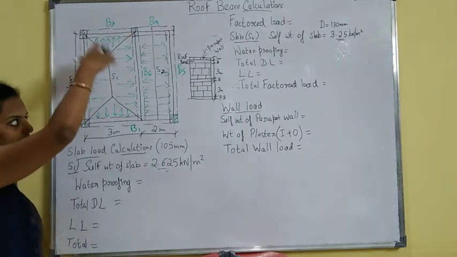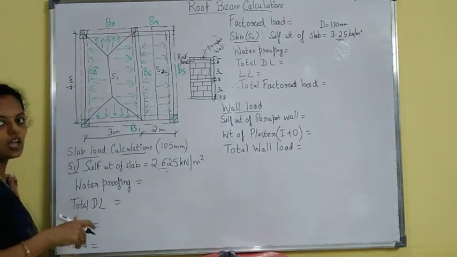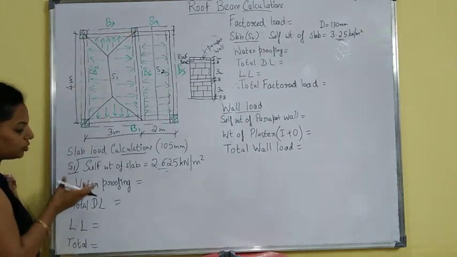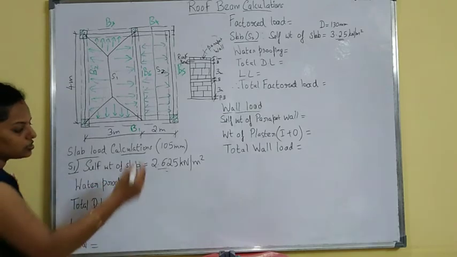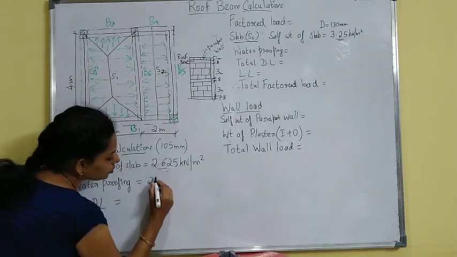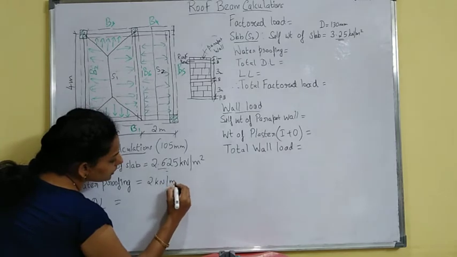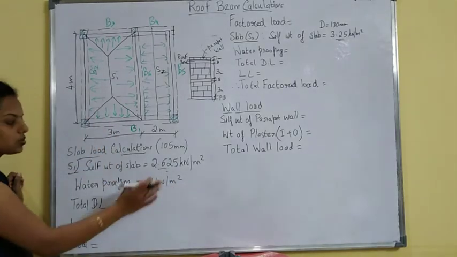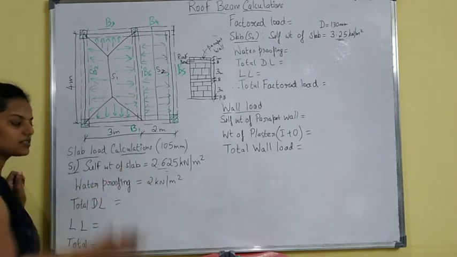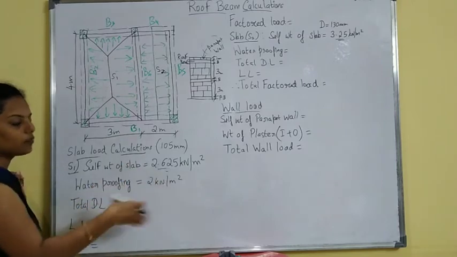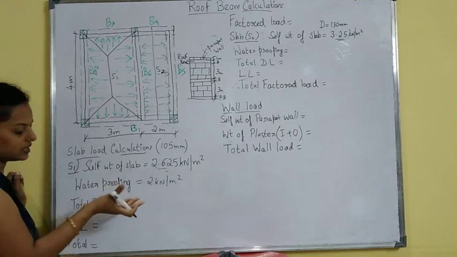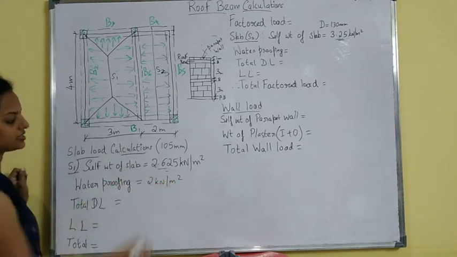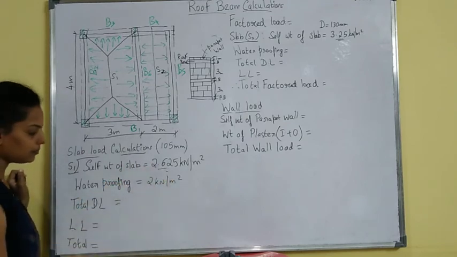On the terrace we usually put waterproofing to avoid leakage, so you can directly assume 2 kilonewton per meter square, along with the PCC bed and flooring together.